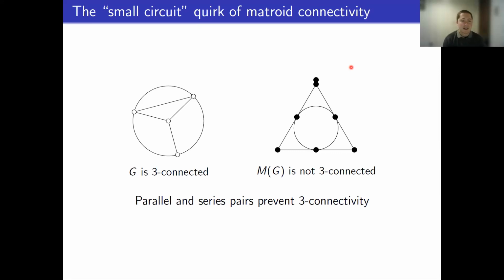Here you've got the graph on the left, it's nice and 3-connected, but in the matroidal sense, its cycle matroid isn't 3-connected because it has that little parallel pair there, which serves as a 2-separation. However, if we simplify that matroid, deleting one of the elements of the parallel pair, we're back to something which is properly 3-connected.